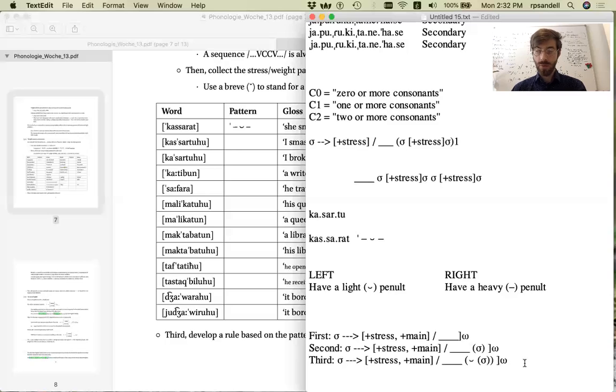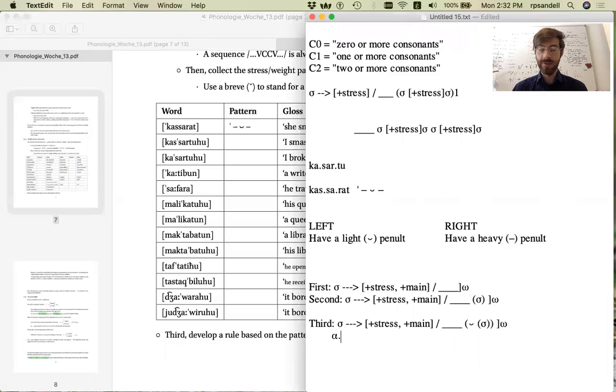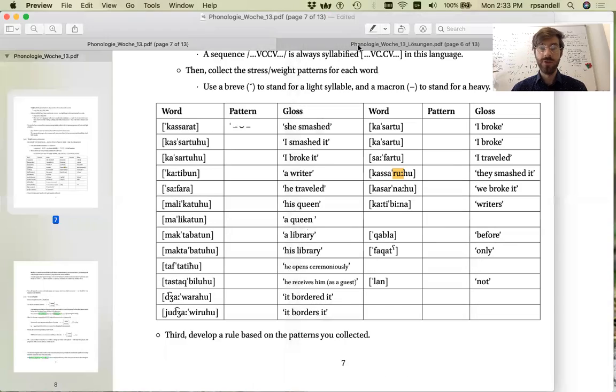So departing from this last rule, which contains all of these conditions, we can see this rule as having three versions.